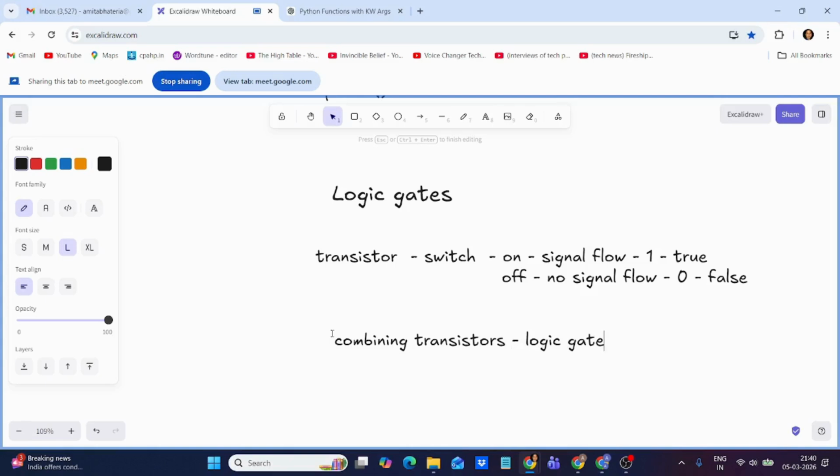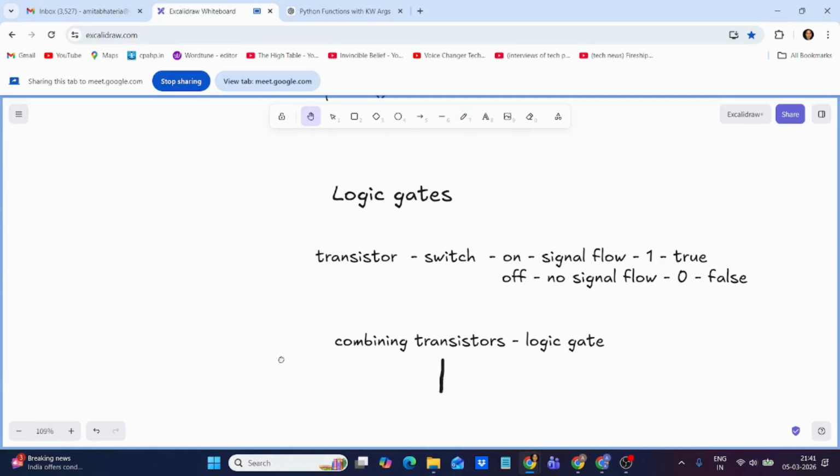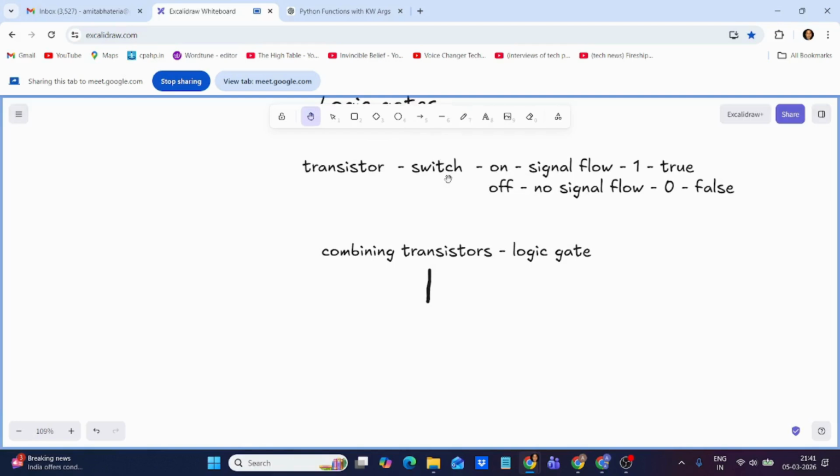We know that a transistor can have a value of either 1 or 0. When there is signal flow it will be 1, and no signal flow means 0, right? So this property of a transistor we can use to form a logic gate. How can we form a logic gate? We use this principle of the transistor: if there is a signal flow the value will be 1, if there is no signal flow the value will be 0, right?